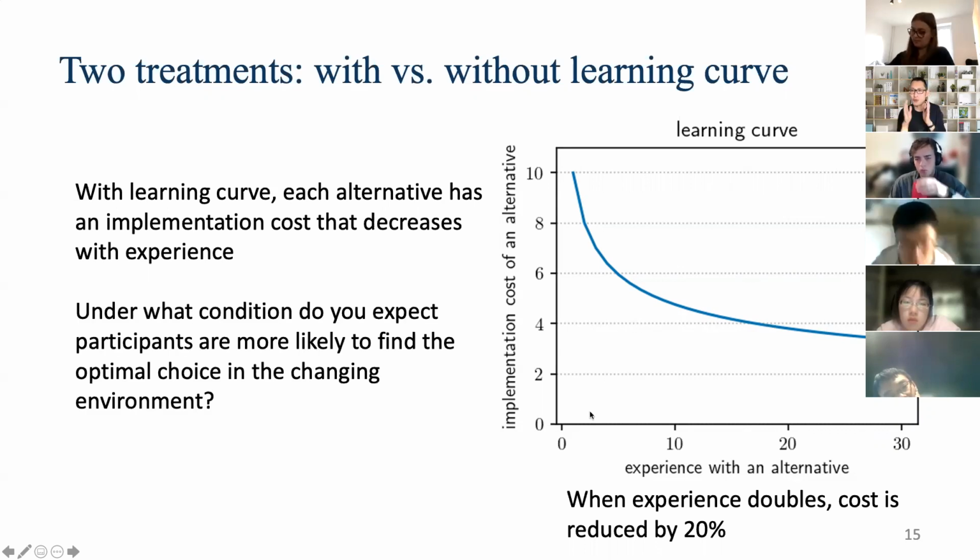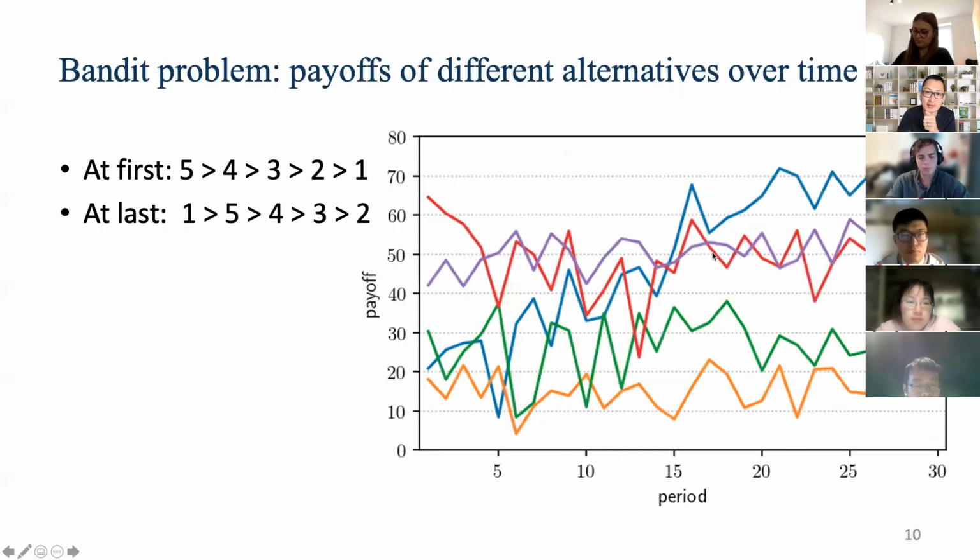So now the question I want to ask you, and this is a question that I want you to think more about: under what condition do you expect participants to be more likely to find the optimal choice in the changing environment? Let me remind you that here we have alternative one. At first, it was a bad alternative, but eventually it became the best alternative.